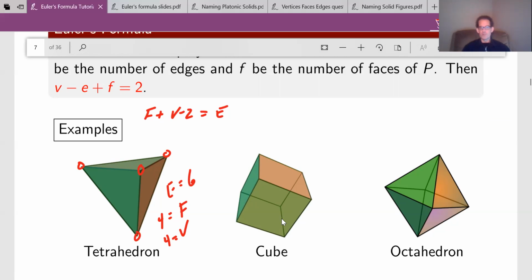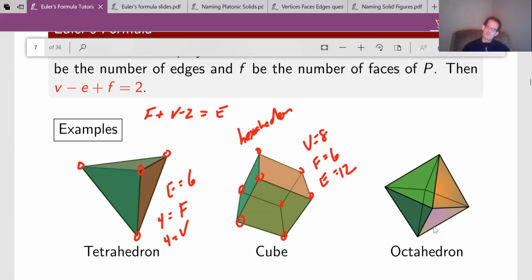For a cube, what we're going to call a hexahedron, you've got 4 vertices on the top and 4 vertices on the bottom. So vertices is 8, faces is 6, edges should be 12.